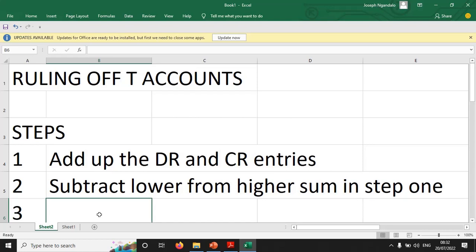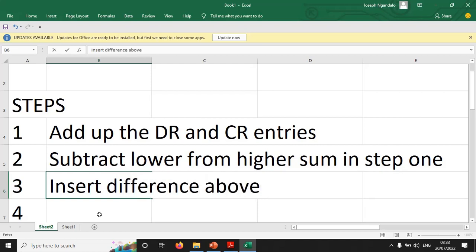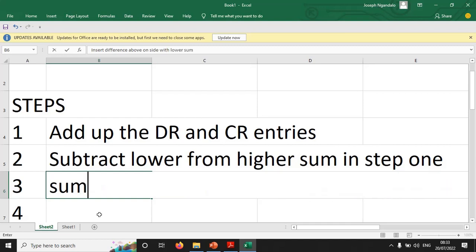Thirdly, insert the difference above on the side with the lower sum as balance carry down.